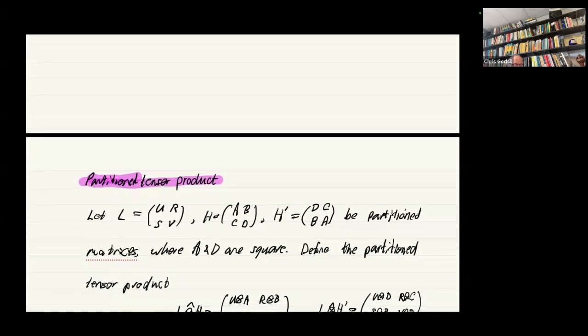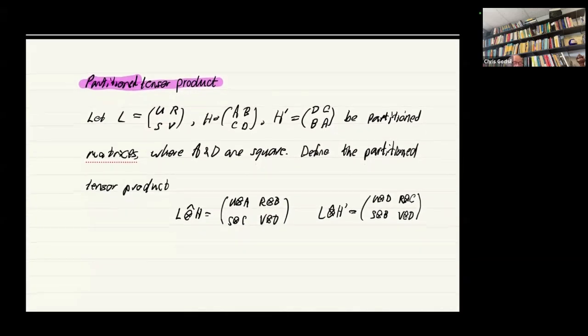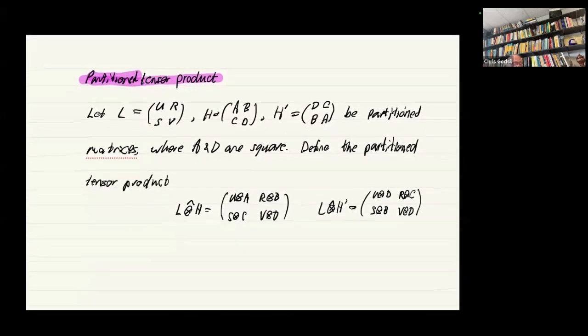So I'm going to give a construction. This won't make a whole lot of sense to you if you think about it. The idea is I'm going to have two partition matrices, L and H, and maybe H prime, which is just permutation equivalent to H. And the understanding is that these diagonal blocks are square.